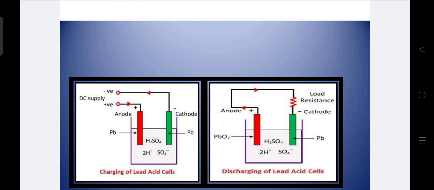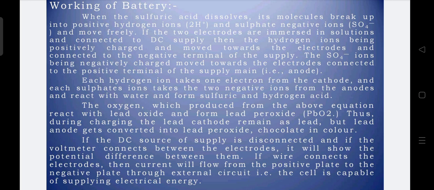Working of battery. When the sulfuric acid dissolves, its molecules break up into positive hydrogen ions, 2H plus, and sulfate negative ions, SO4 negative, and move freely.